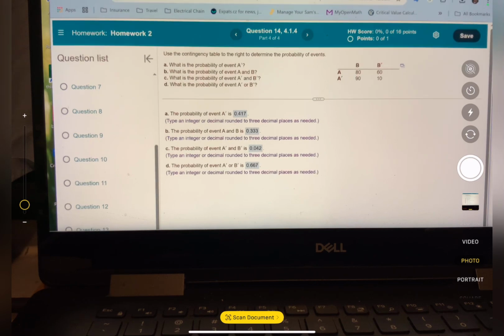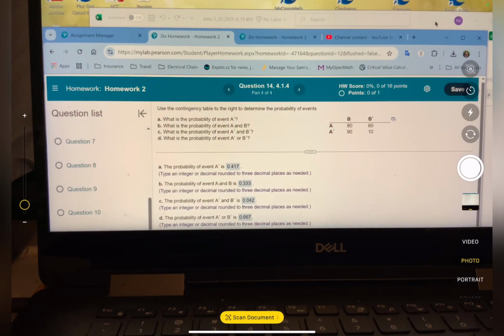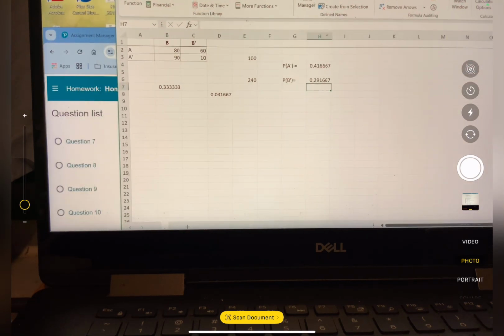I'm sorry, it's A prime or B. That's only A we found. We need to find B also. Because we have or, we need to add them. This is A, right?